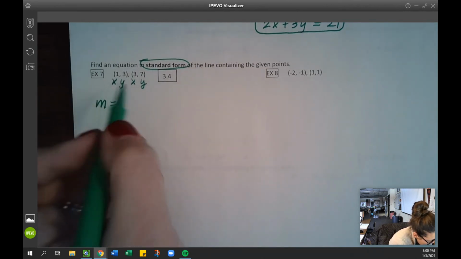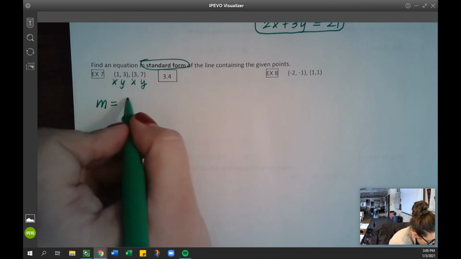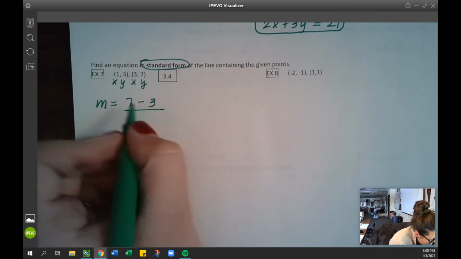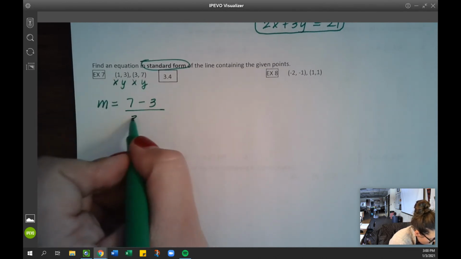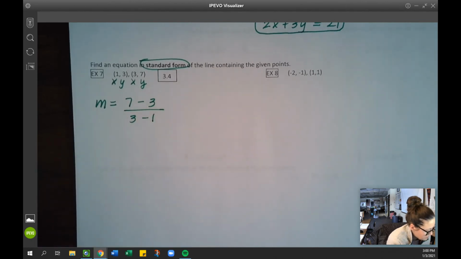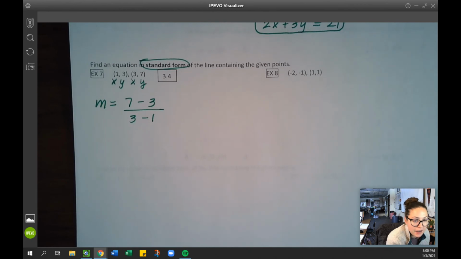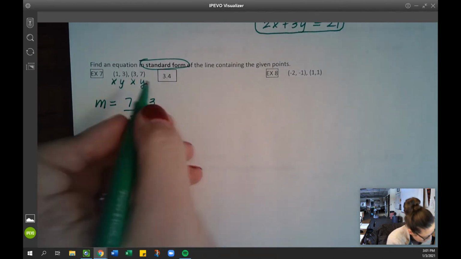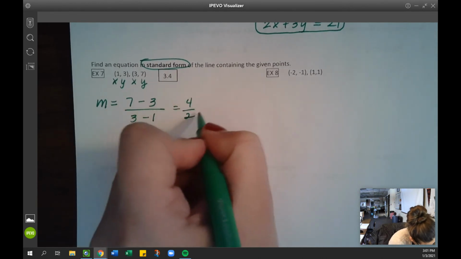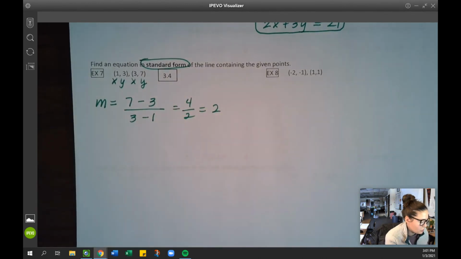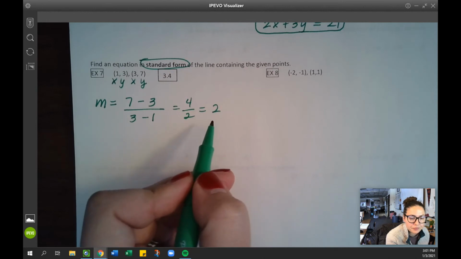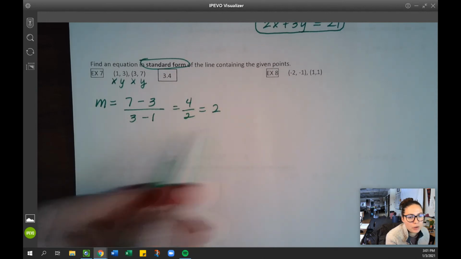So slope is going to be 7 minus 3 over 3 minus 1. You can do 3 minus 7 over 1 minus 3. It doesn't matter as long as your x's and y's are lined up. So that gives me 4 over 2, which is 2. So m is 2. And now we're in the same boat that we were before.